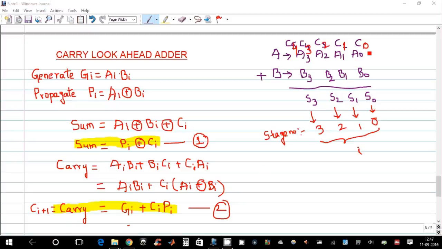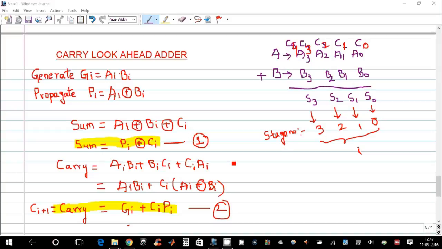Previously we mentioned the carry-in to be C1, now we are replacing it with C0. Why? Because it will align with A0 and B0: all zeros are here, all ones are here, all twos are here, all threes are here. So we are replacing these with C0, C1, C2 and C3.